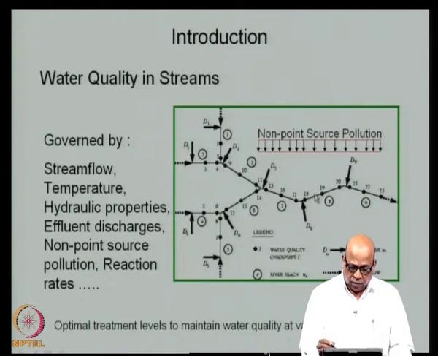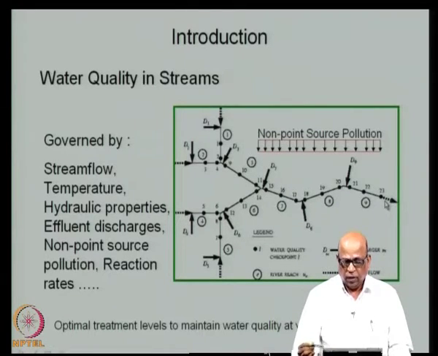So, the question that you will ask is how much treatment I should give to all these dischargers such that the water quality at various locations is maintained in some sense. In answering this question, you should also take into account the non-point source pollution that comes in. The non-point source pollution, as I just mentioned, cannot be controlled, but it has to be accounted for.